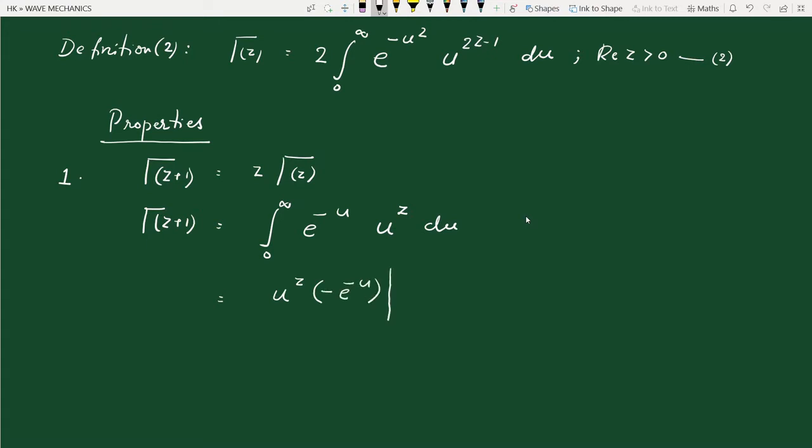Within the limits 0 to infinity, minus the integral from 0 to infinity of the integral of the second function into the derivative of the first function, right? So z u raised to z minus 1 du. Sorry, with respect to u, not with respect to z. We are differentiating this function with respect to u. Okay.